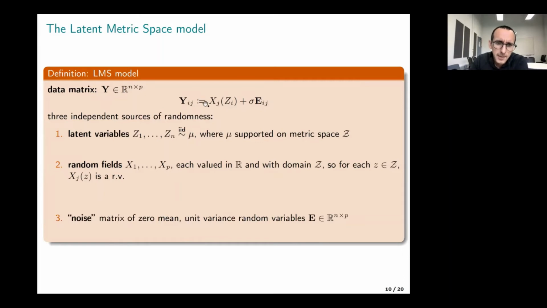So what you can see is that the latent metric space Z, you can think of as a set of possible things, right?